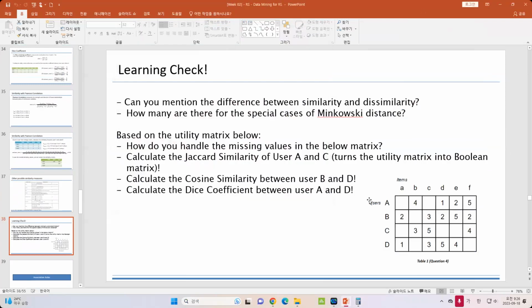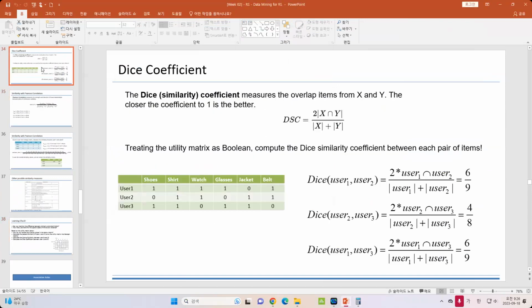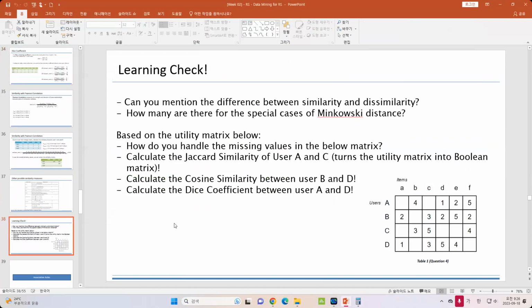The last one is the dice coefficient. The dice coefficient is 2 multiplied by the intersection of x and y, divided by the number of elements in x plus the number of elements in y. So I would like to know the dice coefficient of A and D. The same as the Jaccard similarity, we change this utility matrix to Boolean.